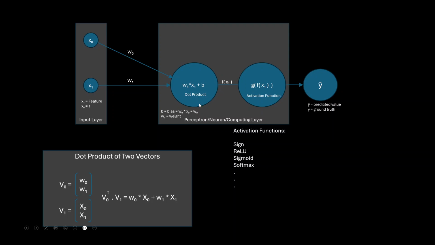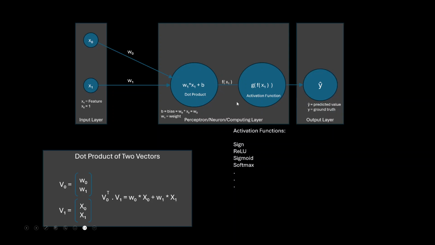And when we have a lot of these perceptrons or artificial neurons working together, that would be a computing layer, and you may have multiple computing layers. As a matter of fact, that's the case for complex models. You typically have multiple computing layers. And then this is the output layer that has the prediction.